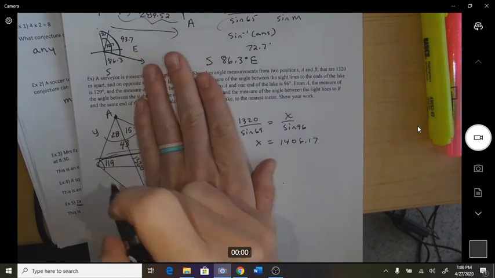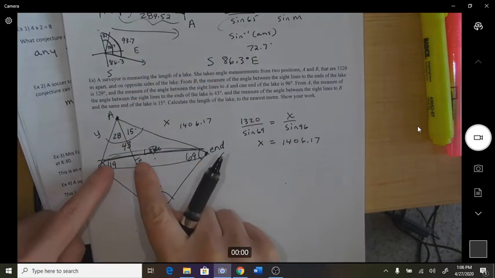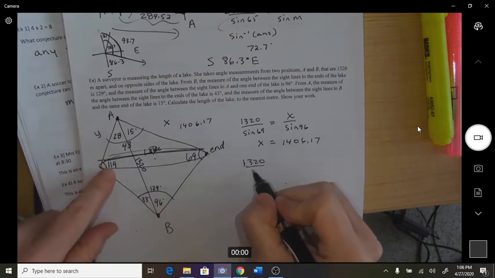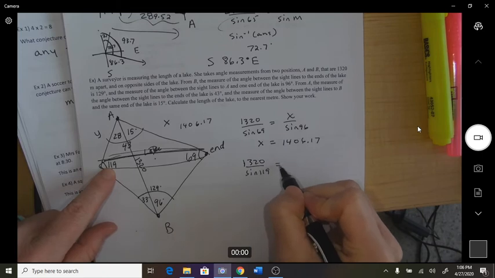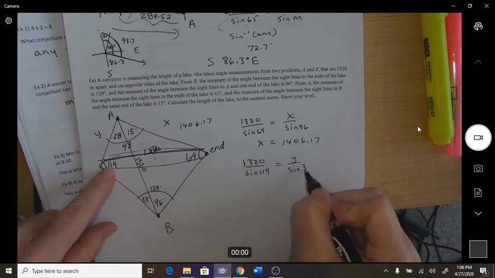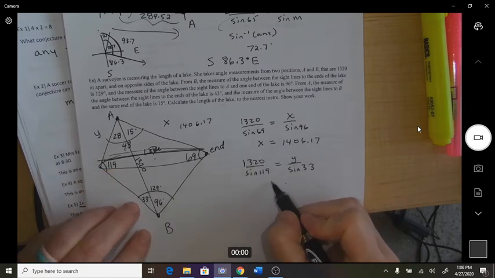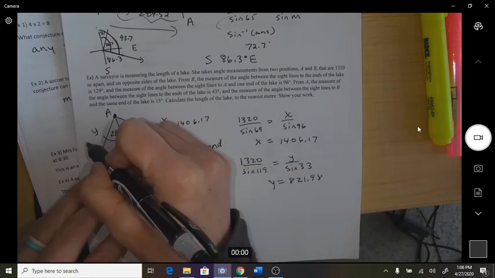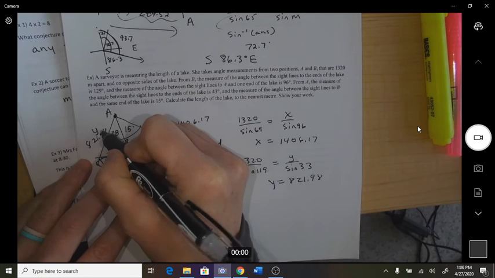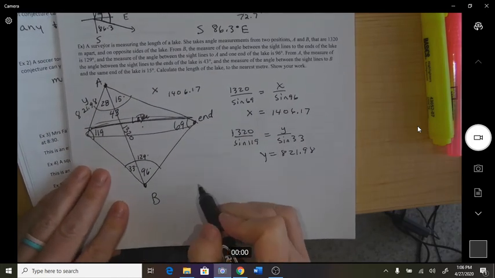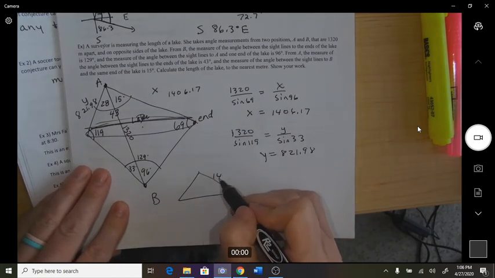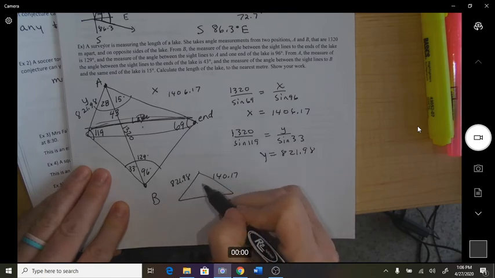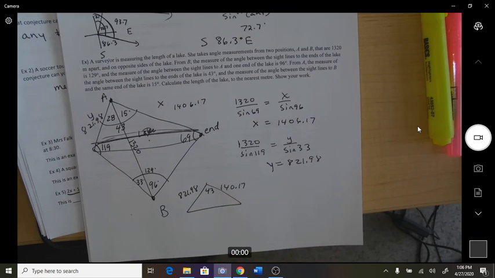Okay, forget that. I'm going to go into this triangle. So there's a pair. So 1320 over sine 119 equals y over sine 33. And now y equals, okay, and now I'm going to use my new triangle on the top half, that would look like that.